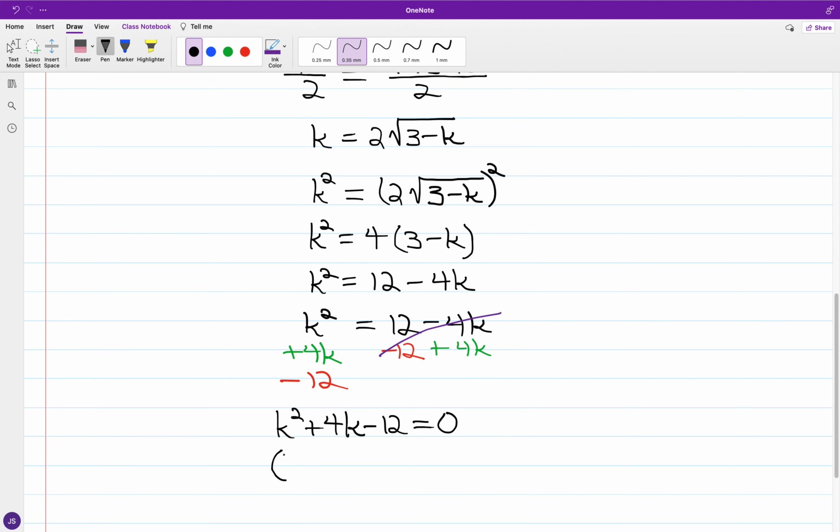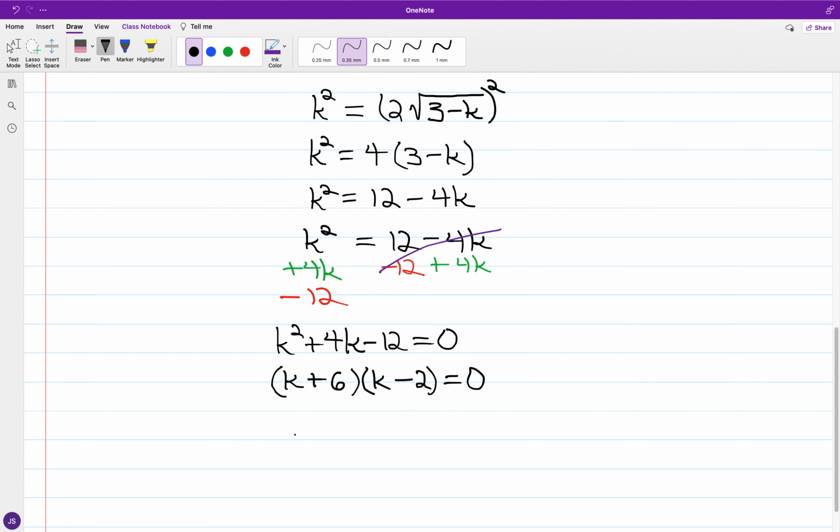And from the standard form, it's going to be a trinomial that can be factored into integer coefficients. And with the factors of negative 12, that will have a sum or difference on the plus side of 4, we'll have more weight given to the addition than to the subtraction. So on the plus side we have k plus 6, and on the subtraction side we have a deduction of 2.